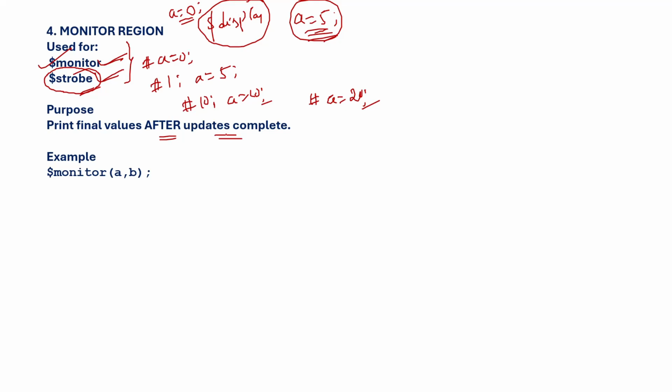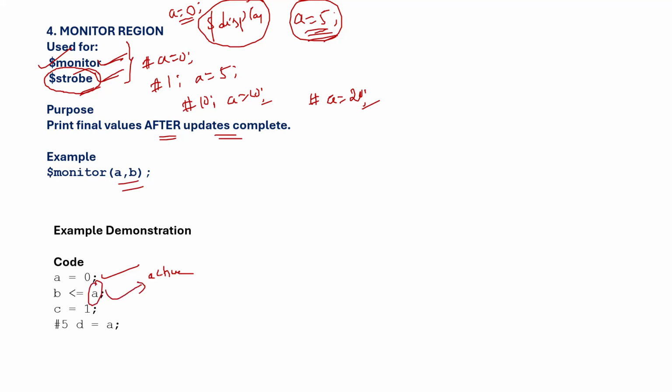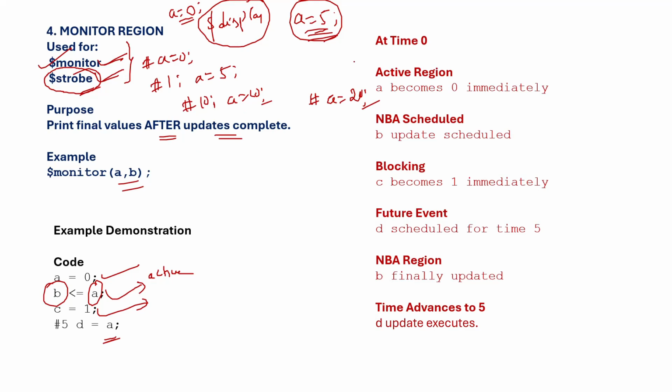If you changed anything, all the things are updated here. $monitor, this is the monitor region. See, a equal to 0 is executed in the active region, and c equal to 1 is executed in the active region. And then d equal to a is executed in the active region. All these are executed in the active region, and b will be executed in the NBA region. So at time t equal to 0, in the active region a becomes 0 immediately, right?